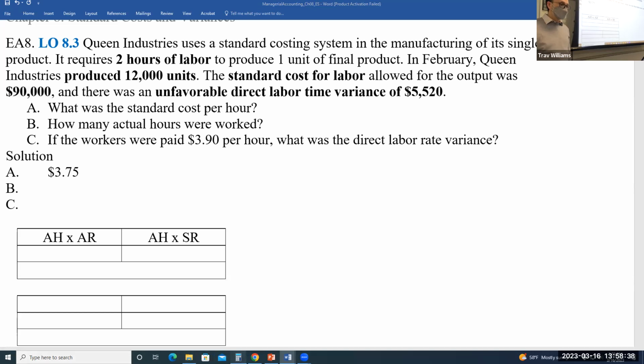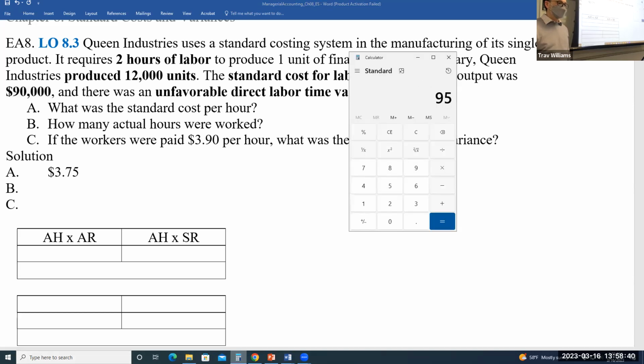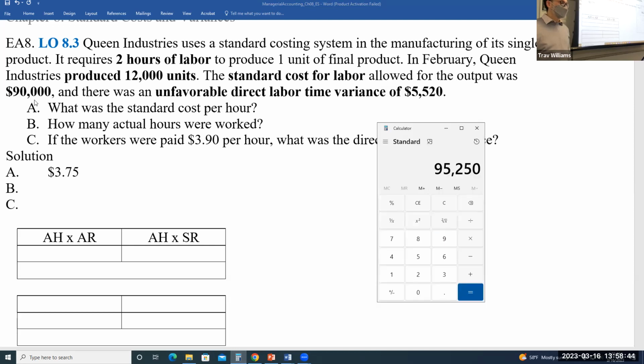That gives us 95,250, right? 90,000 plus, oh, I'm sorry, let's clear that. 95,520. And if we divide that by the 3.75 standard cost per hour, we get 25,472.